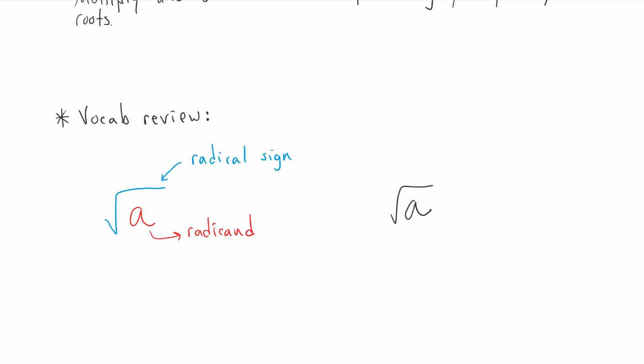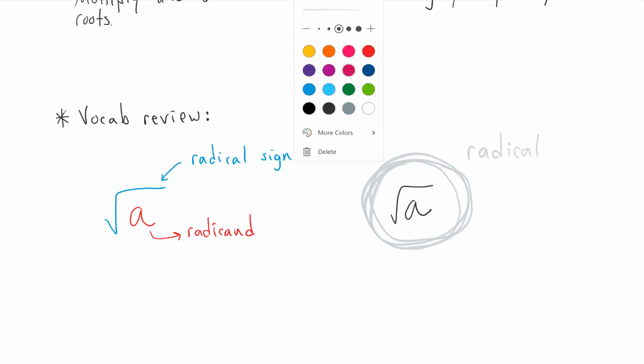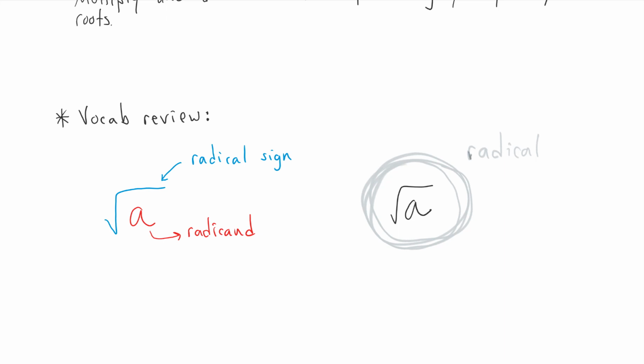So this whole thing here is called a radical. So today we're going to talk about how to multiply and divide radicals, but specifically square roots. We're still just doing square roots, and we're really just going to pay attention to the principal square root.